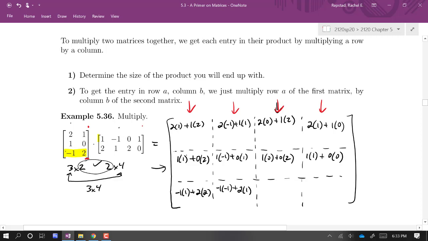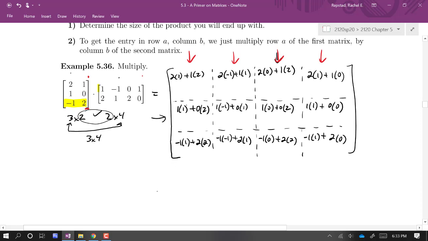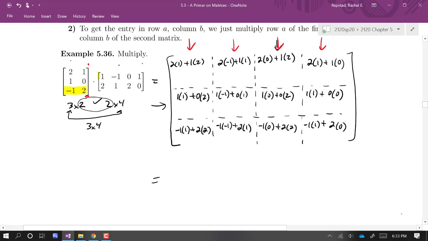And then next column over, negative 1 times 0 plus 2 times 2. And negative 1 times 1 plus 2 times 0. So there's sort of all the nitty-gritty of how we find each entry.